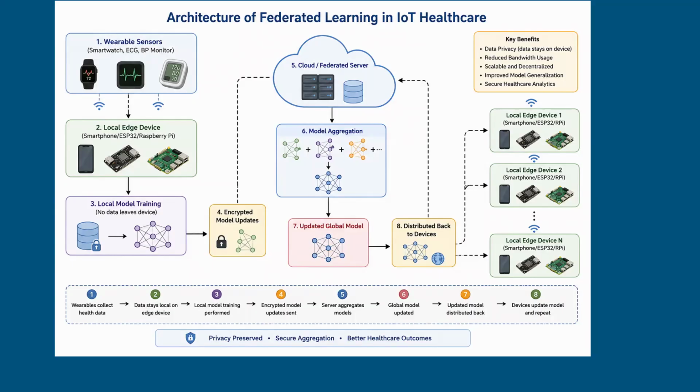The third step is local model training, where the machine learning algorithm is run on the edge device. So the healthcare data never leaves the device; it stays within the hospital local server only. The local model learns from the patient's own data and updates its model parameters.